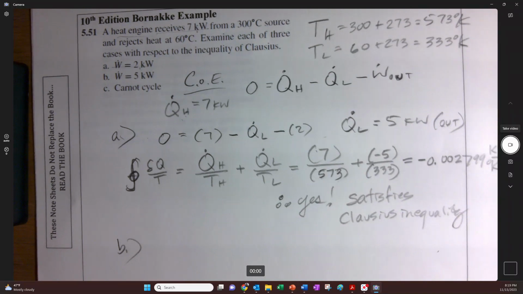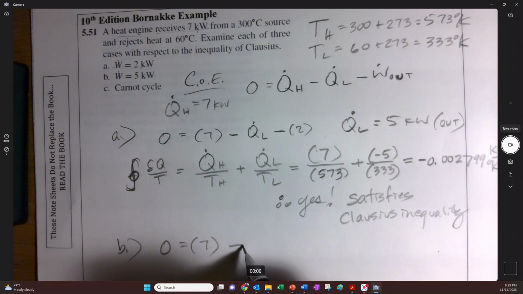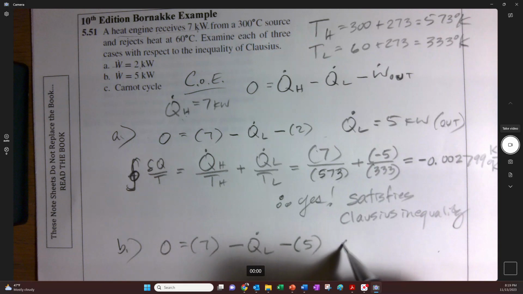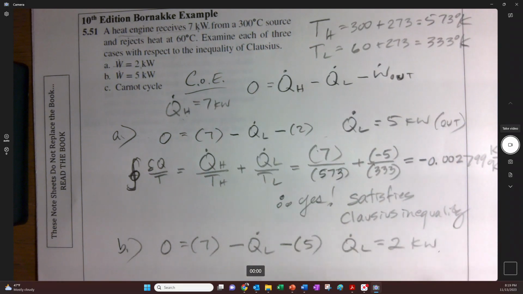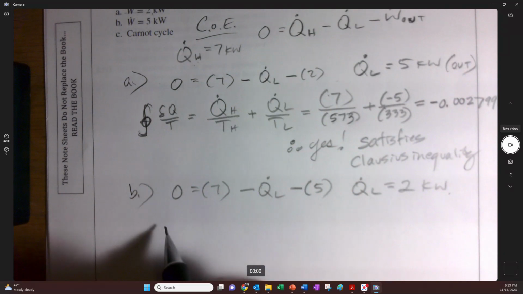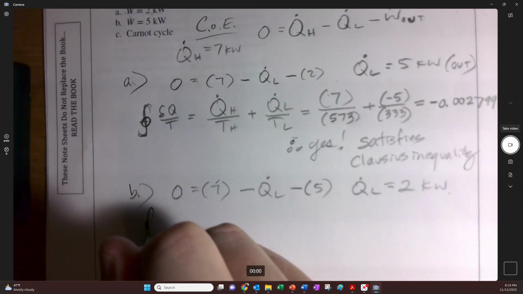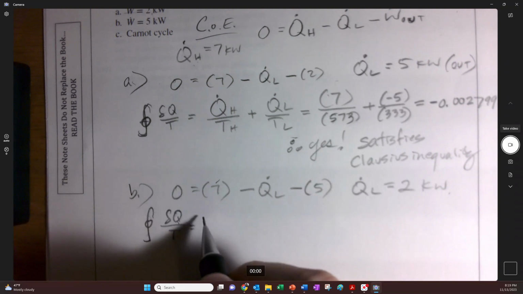Similar things, you could do the math in your head. 0 equals 7 minus Q dot L minus 5. Q dot L is equal to 2 kilowatts, and it's out. Now for the Clausius inequality, integral of dQ over T, I just plug them in.